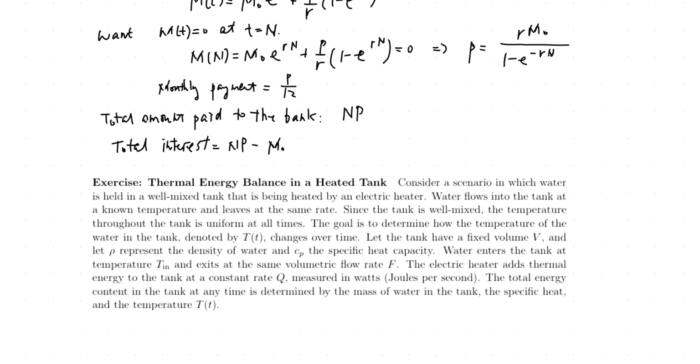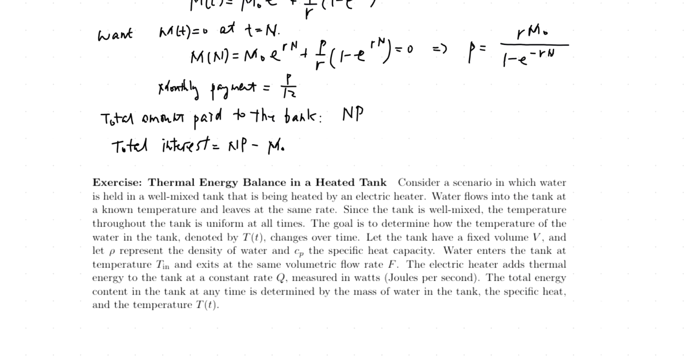Let rho represent the density of the water and Cp the specific heat. So you are also given the specific heat capacity of the water. The electric heater adds thermal energy to the tank at a constant rate Q. So it also tells you how much energy is transferred to the water in the tank.